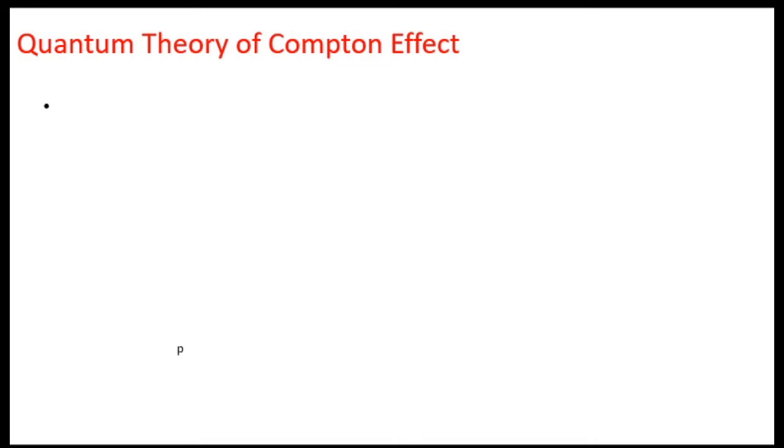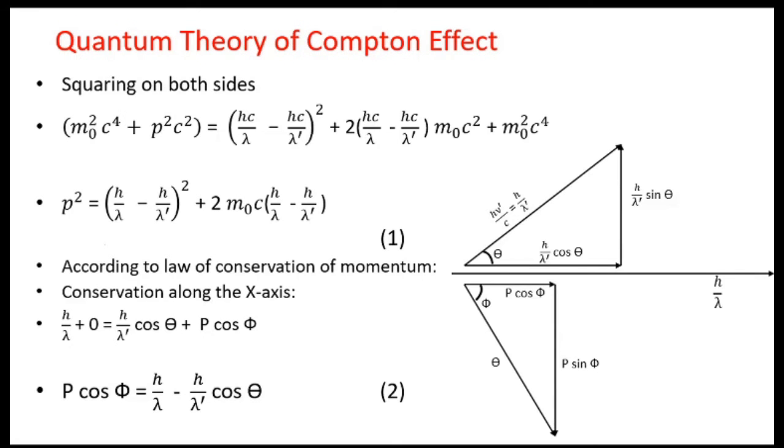So let's go back to our initial slide. Now in this I see the component along the x-axis. So along the x-axis, the incident photon was traveling along the x direction and its momentum is h upon lambda, plus the momentum of the free electron which was at rest, it is 0. So this gives me the total momentum before collision along the x-axis.